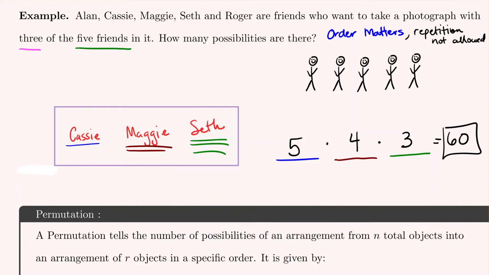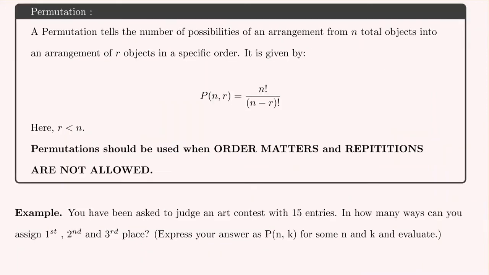Now, so far, this is not new reasoning. We learned this kind of reasoning in our previous video. The reason we bring this up in our permutation section is that we could have also solved this problem through something called a permutation. And once we know how the permutation formula works, it's actually a nice shortcut. So let's see our permutation formula.